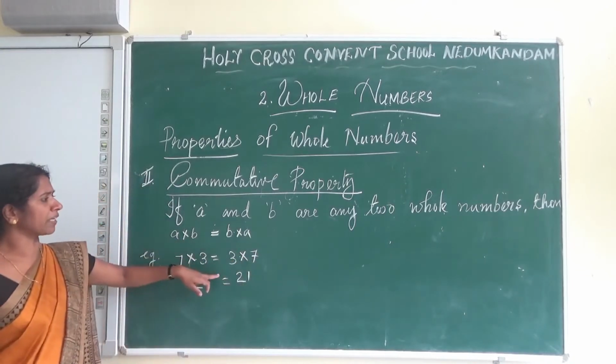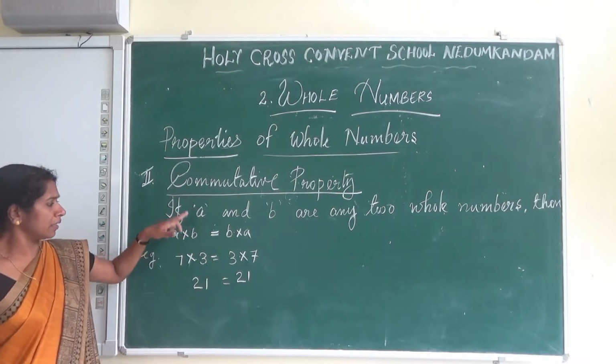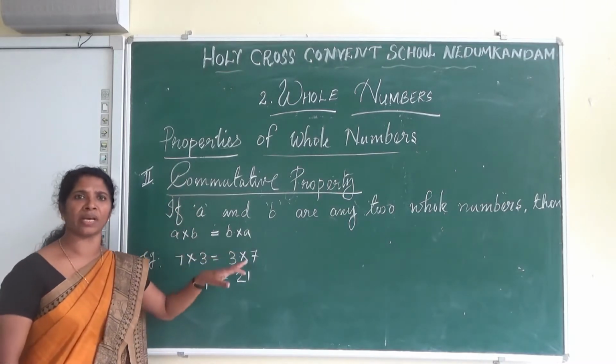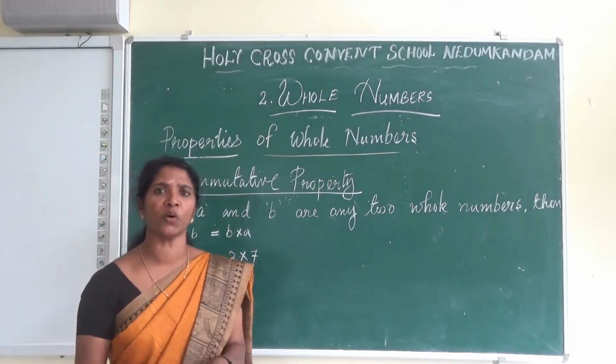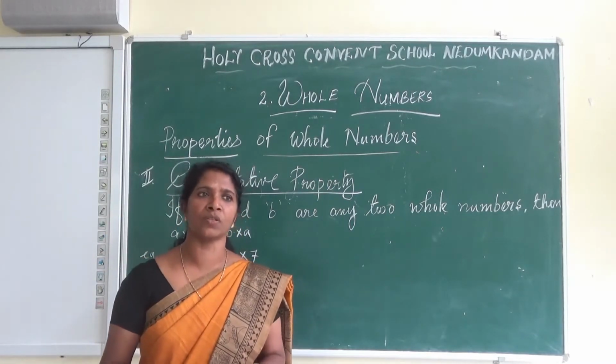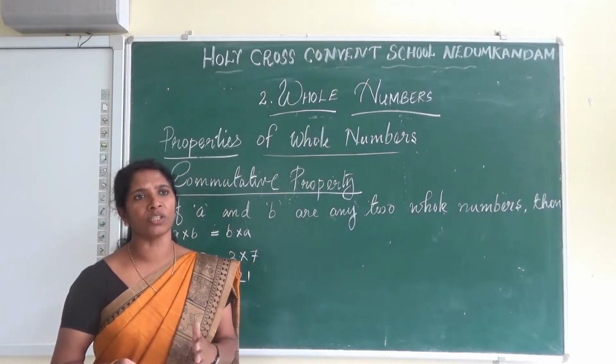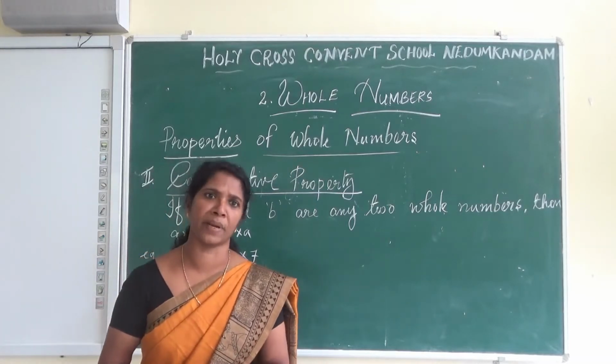So we can multiply whole numbers in any order. If we multiply the numbers in any order, the answer will be the same. So we can interchange the position of numbers and, according to convenience, multiply the numbers.